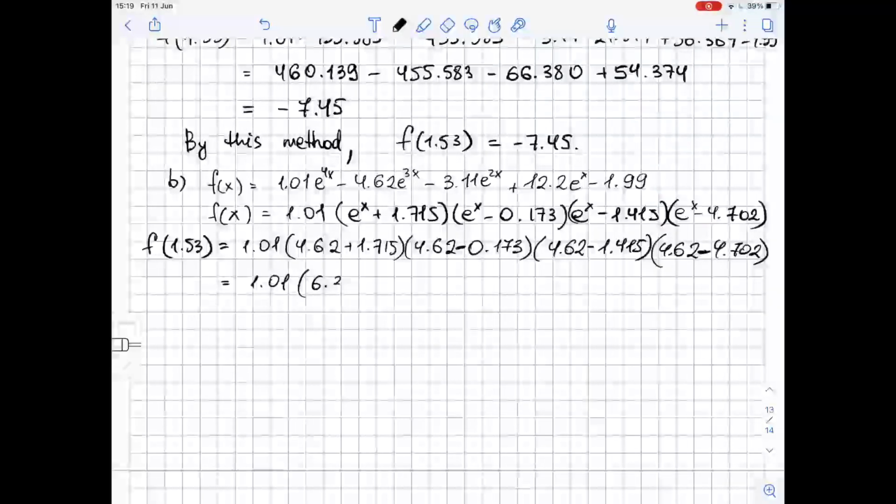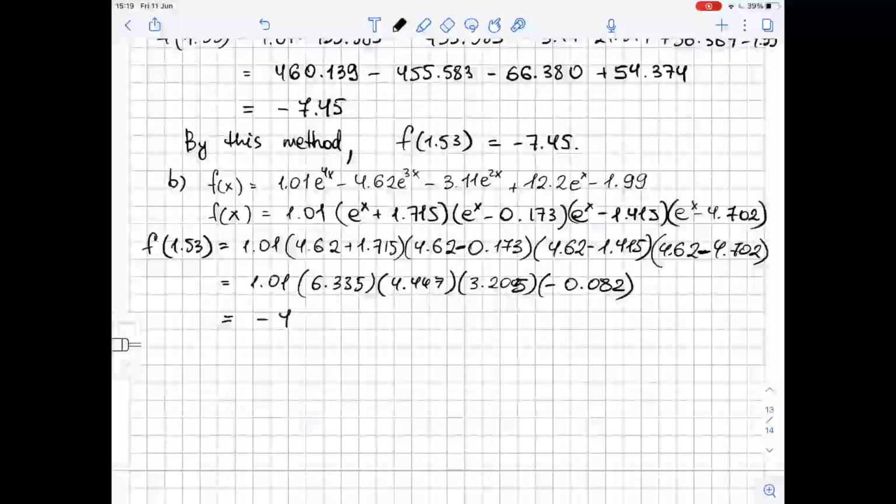Well, again, we just need to do all the calculations, and then we get that it's equal to 1.01 times 6.335 times 4.447 times 3.205 times negative 0.082. Again, we do the calculation and we get that it equals negative 7.478.